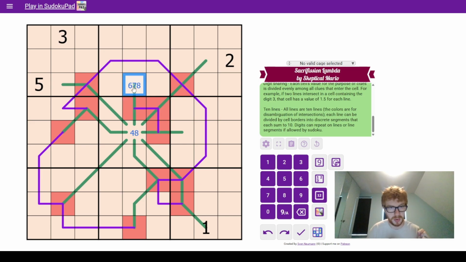So 9 doesn't work. If that is 8, that has to be 4. So then we have 8.5. Then we need 1.5 more. So that will be a 3.